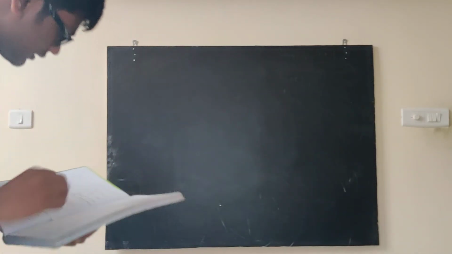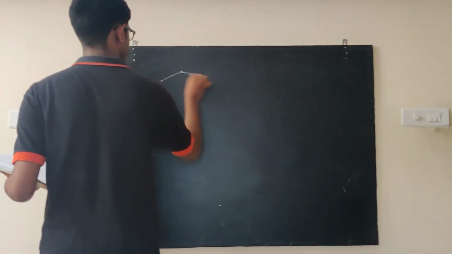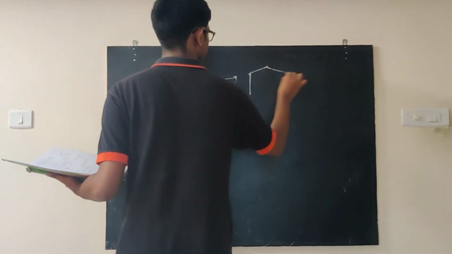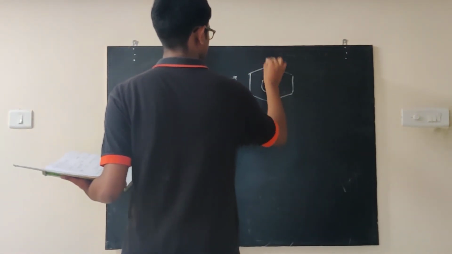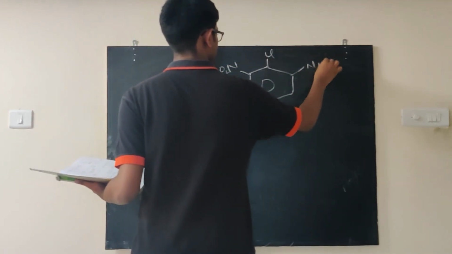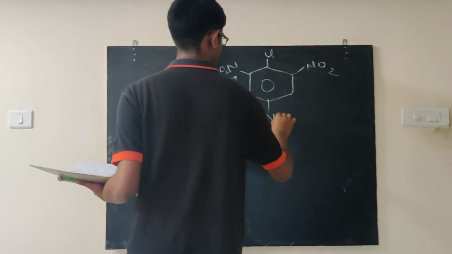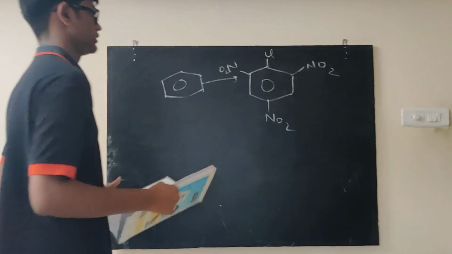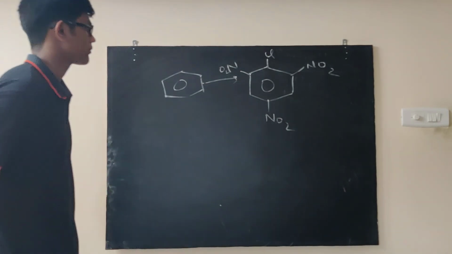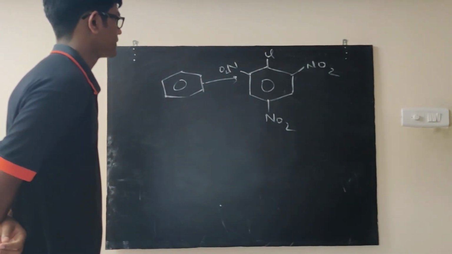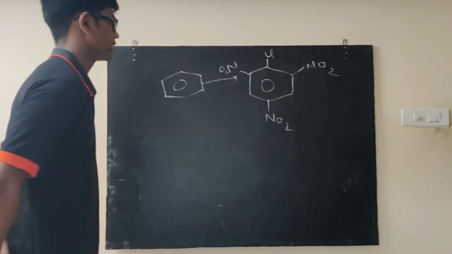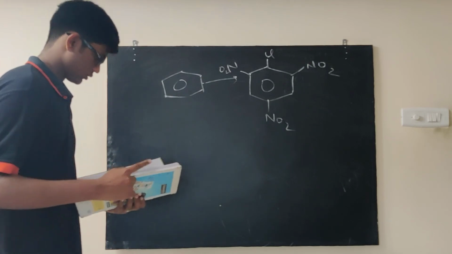If you want to prepare this compound from benzene, you want to prepare 2,4,6-trinitrochlorobenzene, right? How will you do it? So I'll give you a few minutes to do this.